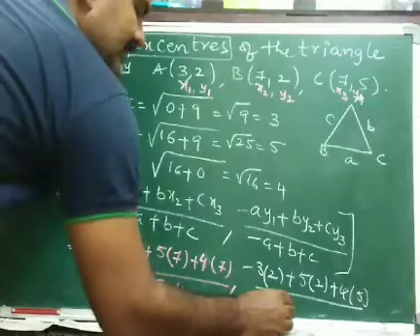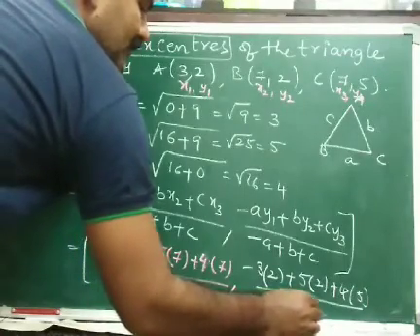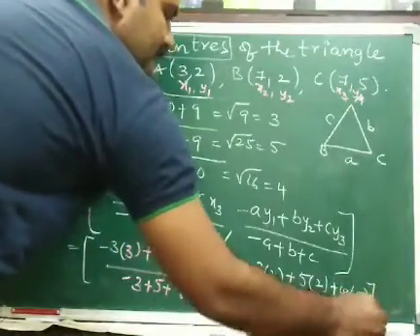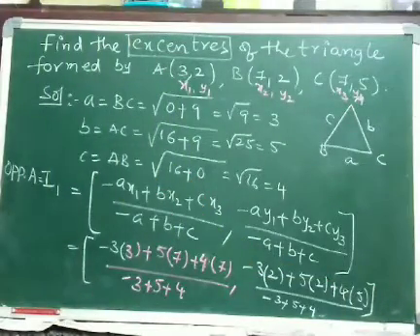So minus 3 plus 5 plus 4. So we need to simplify.